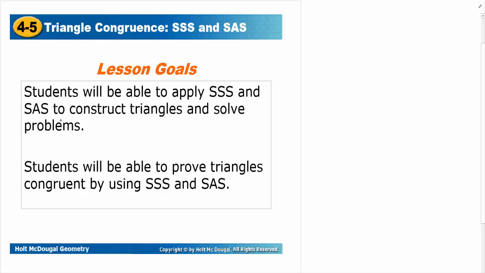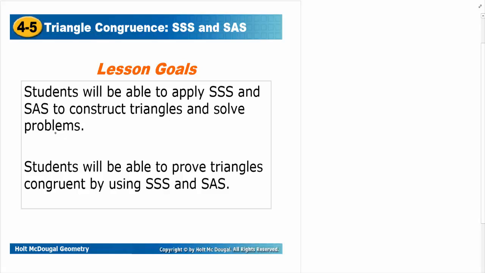Again, the concepts are going to be very similar, but in the previous lesson, we learned how to prove triangles congruent. And we learned it by showing all corresponding parts were congruent. Well, with these theorems, we don't have to show that everything is congruent. We just need to show that just a certain amount of information is. And that's what these theorems are going to be discussing.